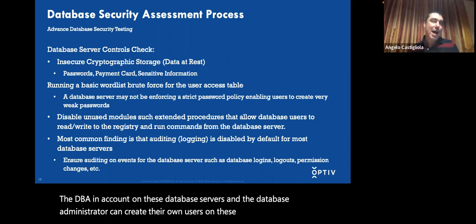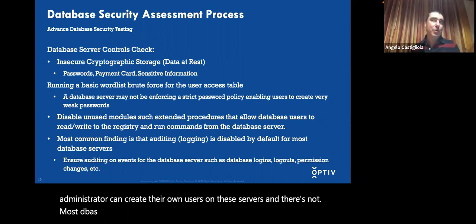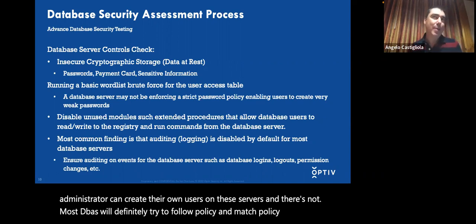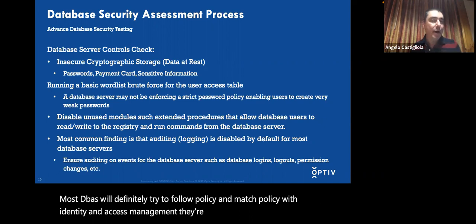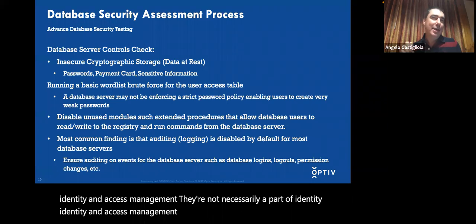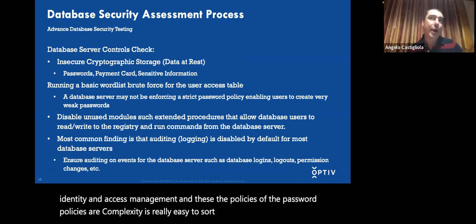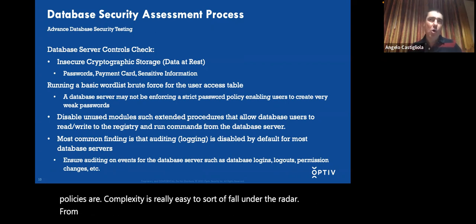Most DBAs will definitely try to follow policy and match policy with identity and access management, but they're not necessarily a part of it. It's really easy for the password policies and complexity to fall under the radar of the overall enterprise password policy.